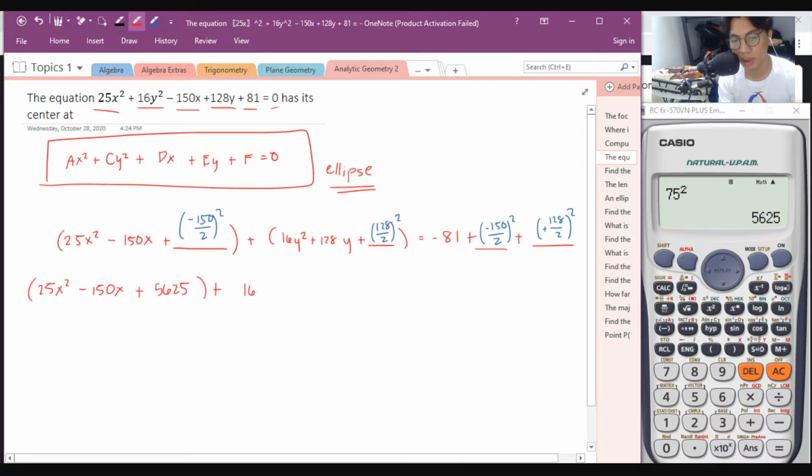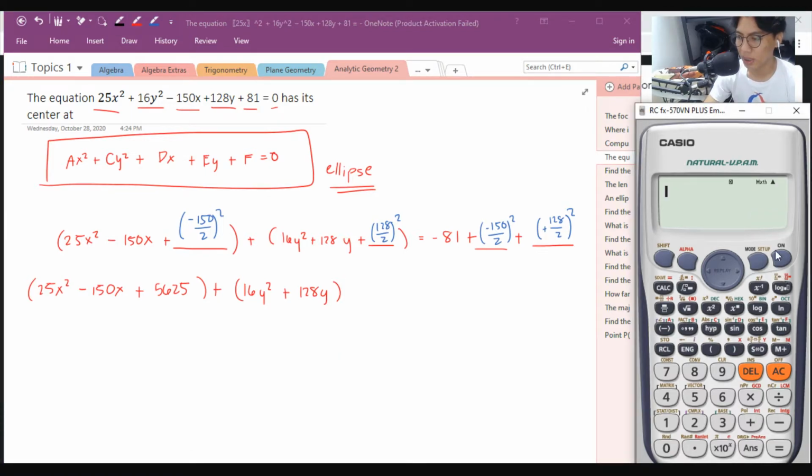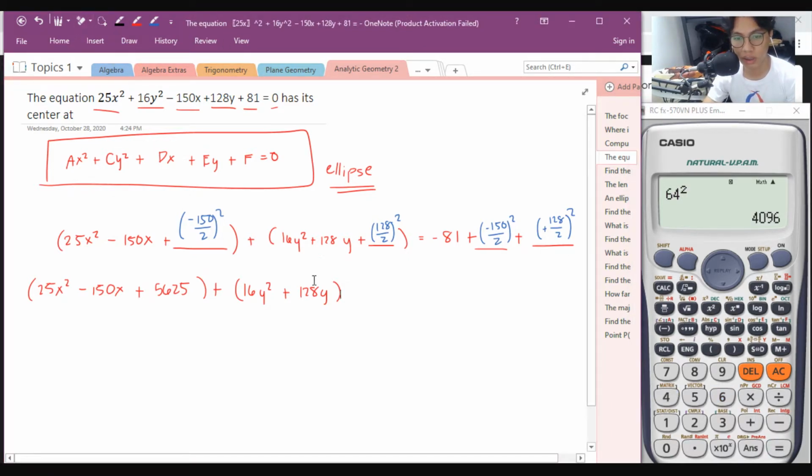Plus 16y squared plus 128y. 128, I think this is 64 divided by 2. 128 divided by 2, 64. 64 squared is 4096.